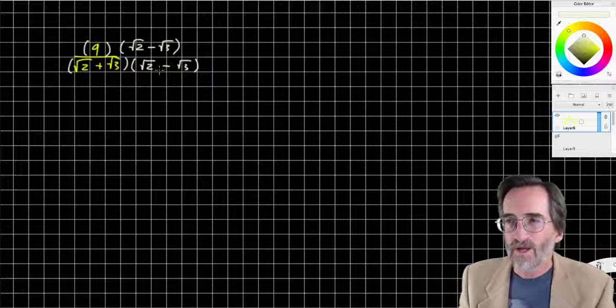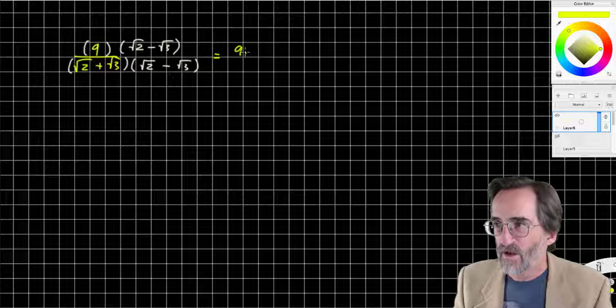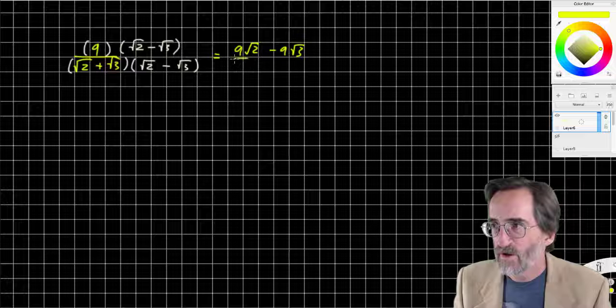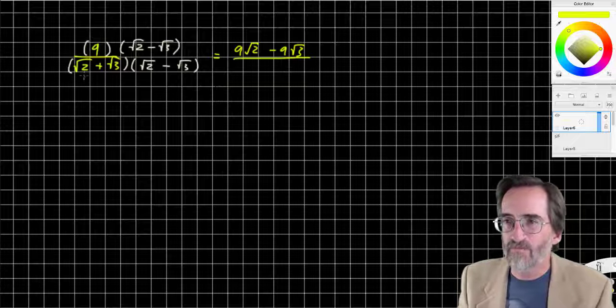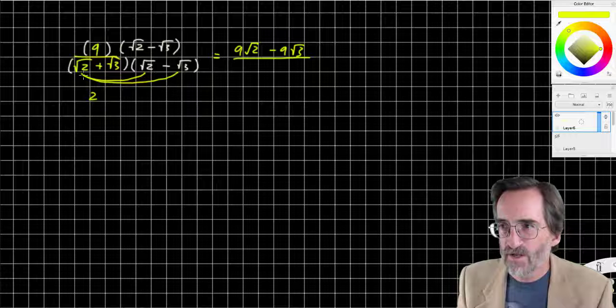Okay? Now on the top we just get 9 root 2 minus 9 root 3. On the bottom, let me multiply this out first. Root 2 times root 2 is 2. Outside, root 2 times root 3 is root 6.